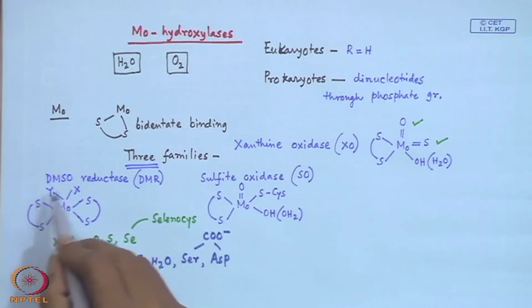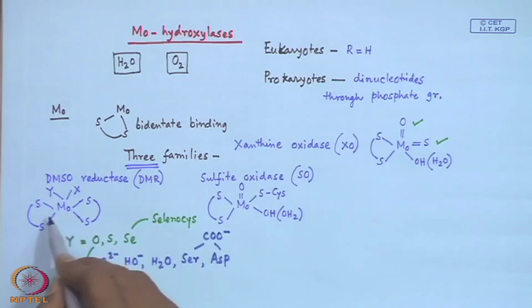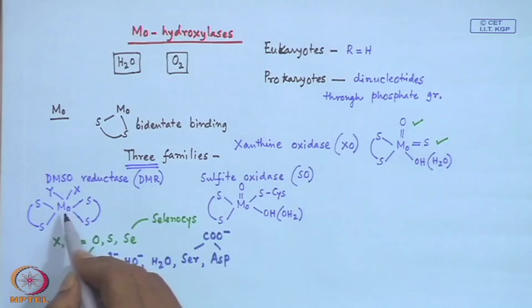So, these 2 groups basically are completely different when we think of some selenium unit or the sulfur unit, but otherwise they are very much similar to that of your dioxomolybdenum acetylacetone unit.